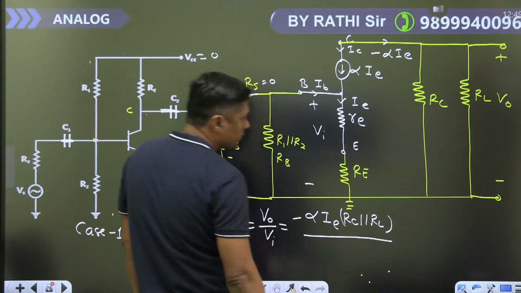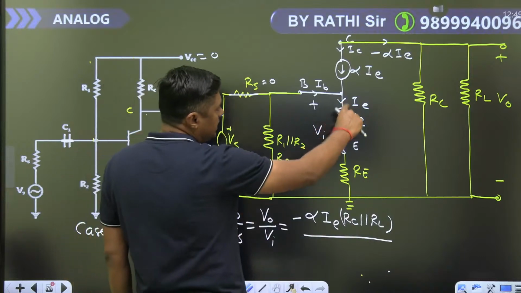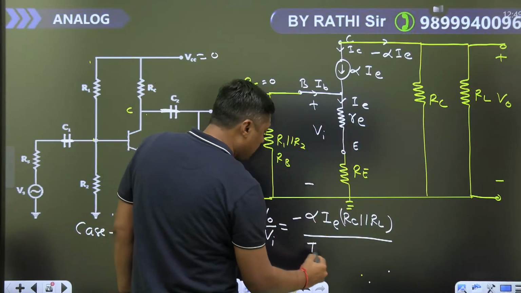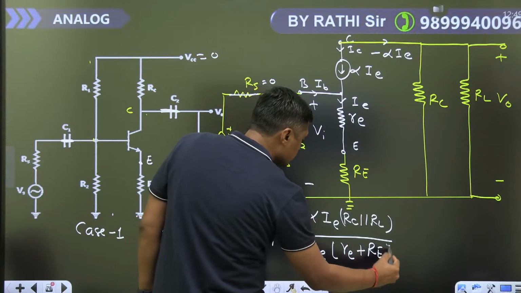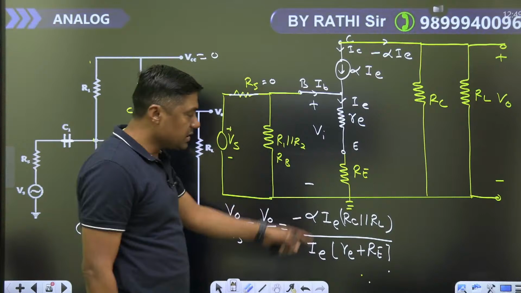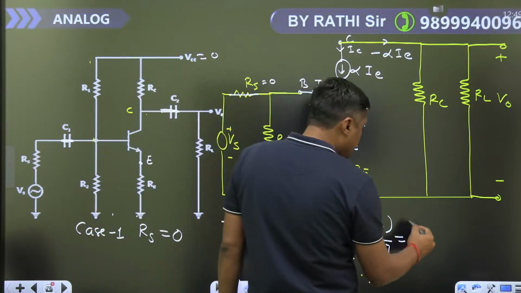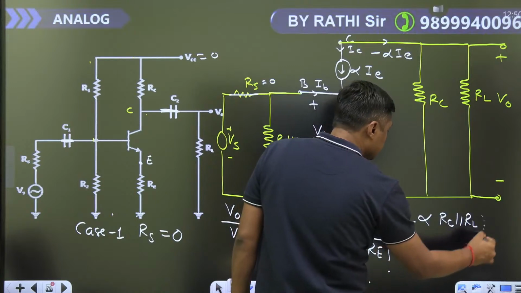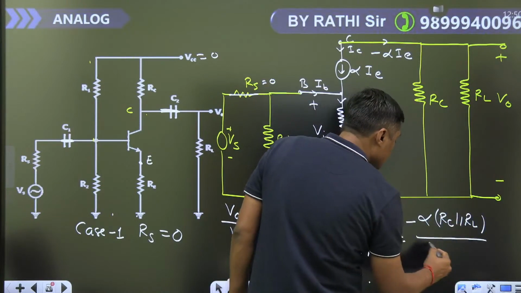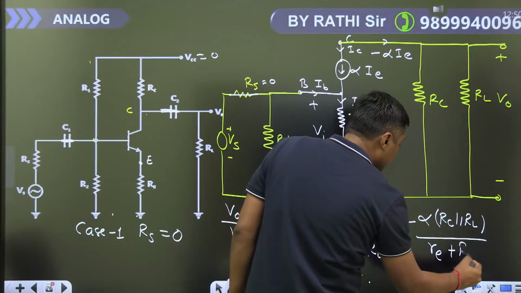upon, now what is this current? IE is multiplied with what? Small re plus capital RE. So IE cancels. What is the exact answer? Minus alpha RC parallel with RL upon small re plus capital RE.